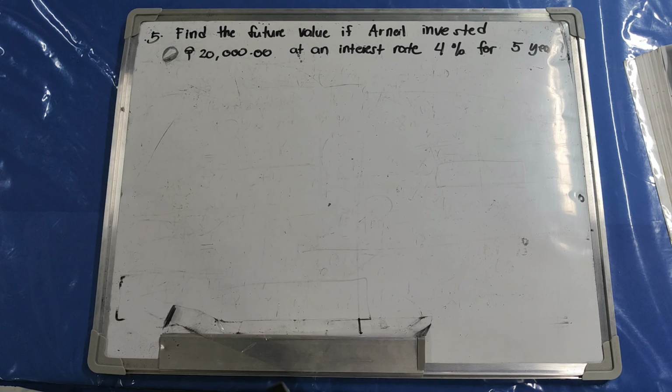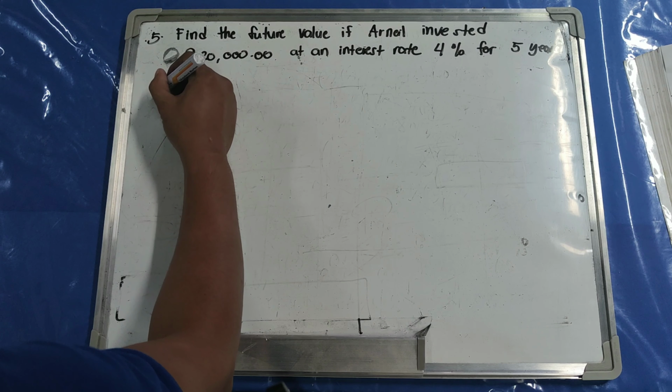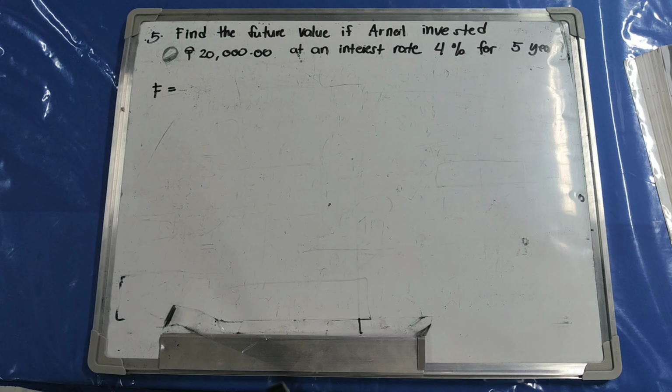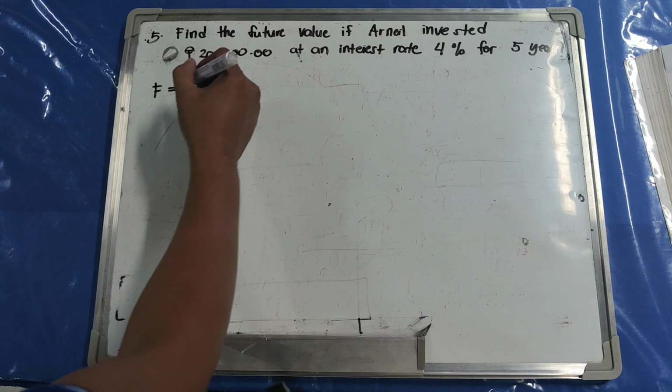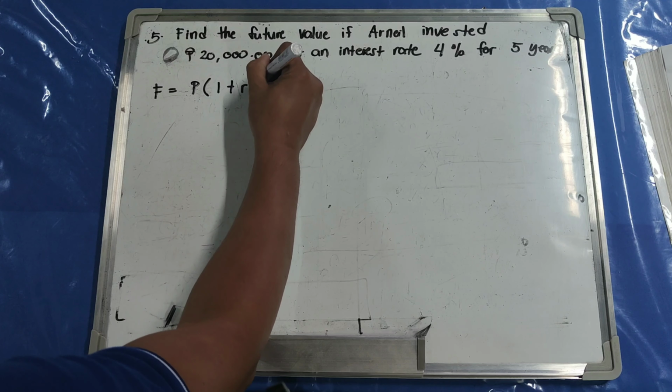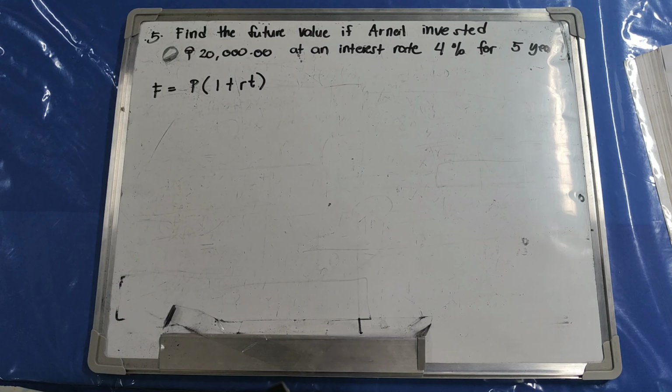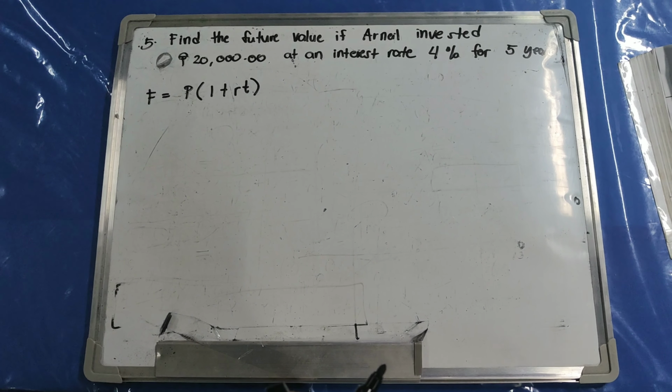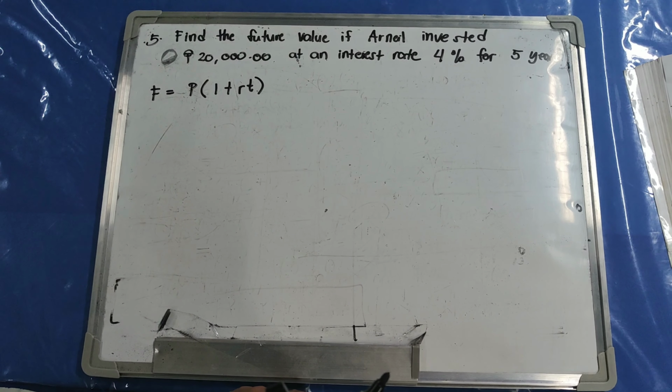We have variations; apply the formula you are comfortable with. The future value is equal to P times 1 plus RT, in the absence of the interest.